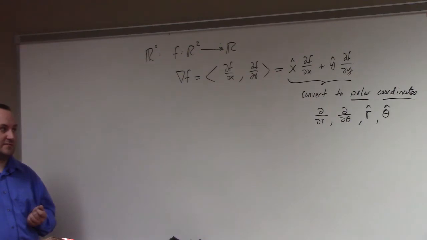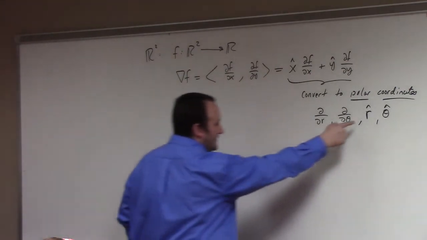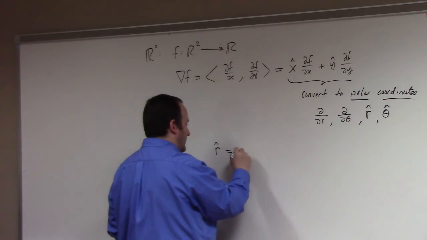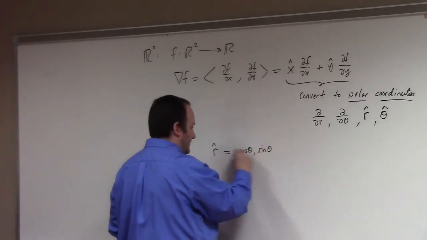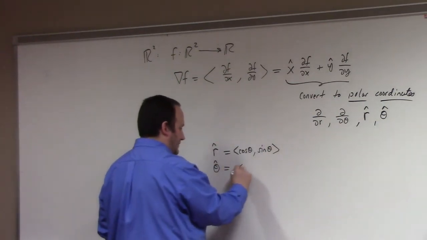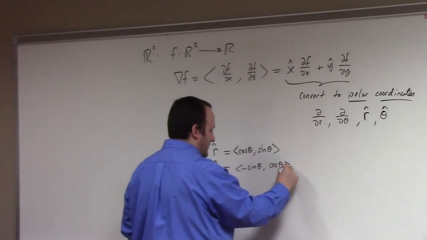So I need to convert the derivative and the x hat and the y hat. Can you guys remember what r hat and theta hat were? Remember, r hat was cosine theta, sine theta. And theta hat was what? Can you guys tell me how to write those in terms of x hat and y hat?